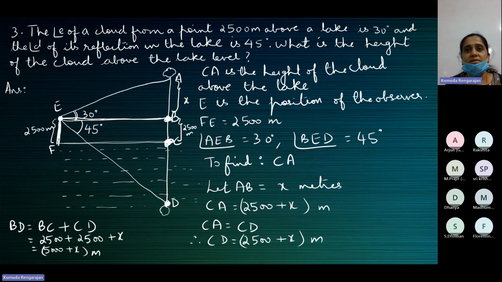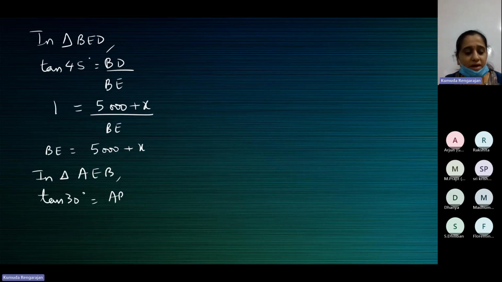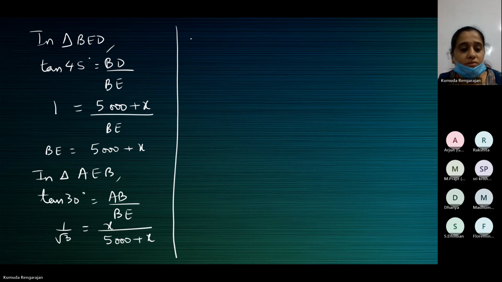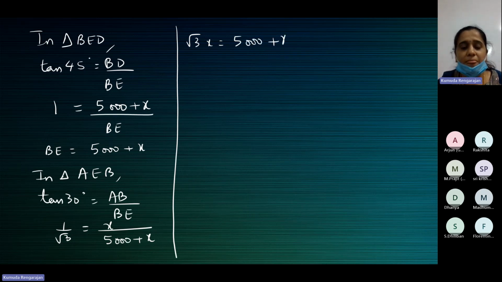AB, and that is X. So tan 30, which is 1 by root 3, is equal to AB, which we've called X, by BE, which is 5000 plus X. Now cross multiply. So root 3 X is equal to 5000 plus X.